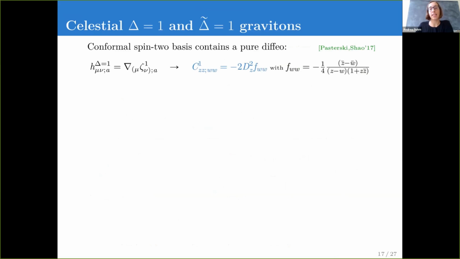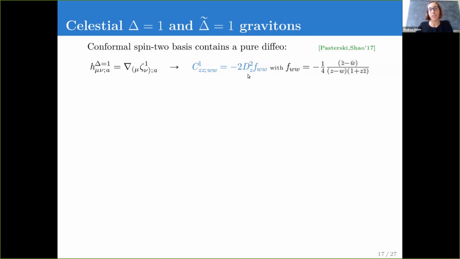So I already hinted that the conformally soft limit is given by taking the conformal dimension to certain integer values, and these integer values start at 1. In that limit, the conformal primary spin-2 wave function reduces to a total derivative. And the effect of this diffeomorphism vector field zeta is that it changes the physical state at the boundary.